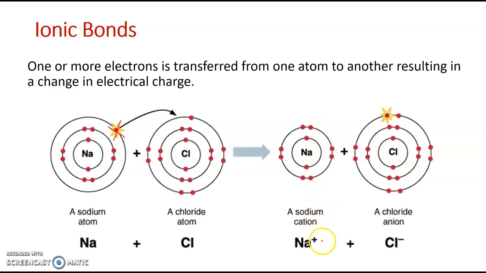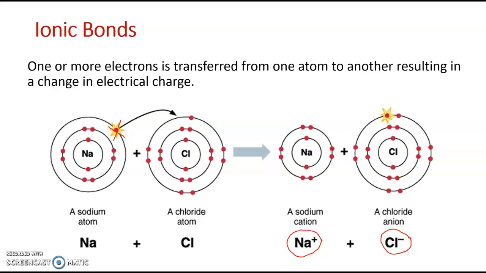And that's going to give it that positive 1 charge because it has 1 more proton in the nucleus than it has electrons in its shell. Chloride, on the other hand, gained an electron. So now it has one more electron than it has protons in the nucleus, giving it that -1 charge, one extra electron.